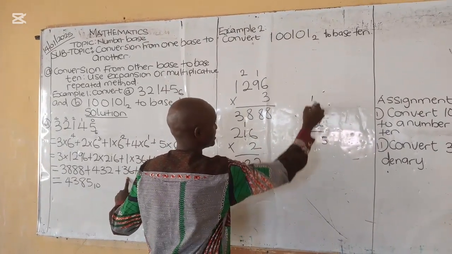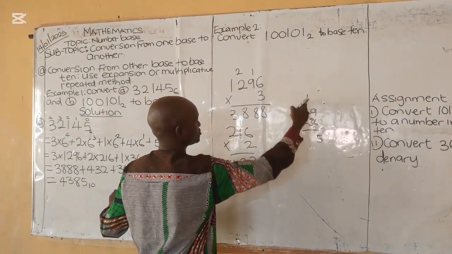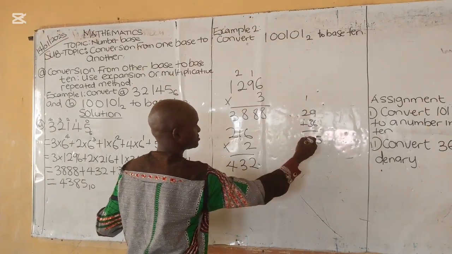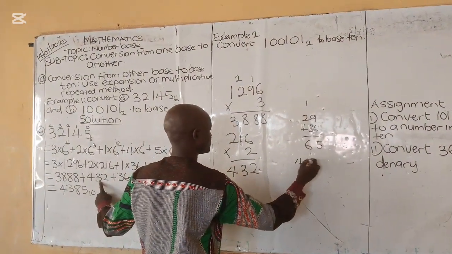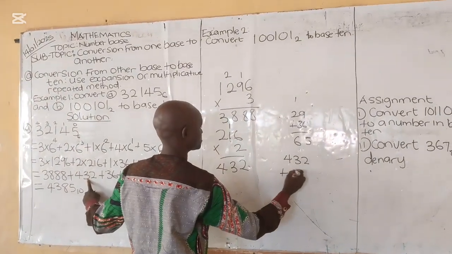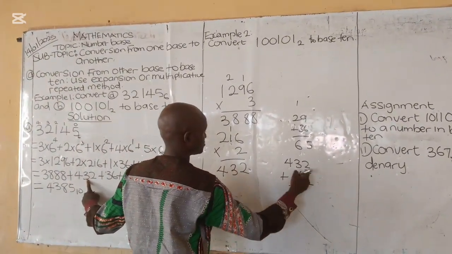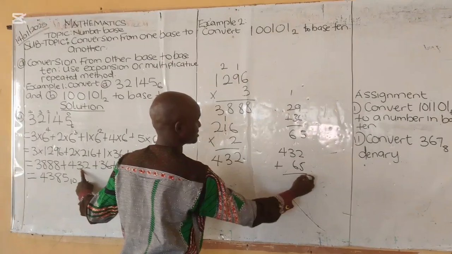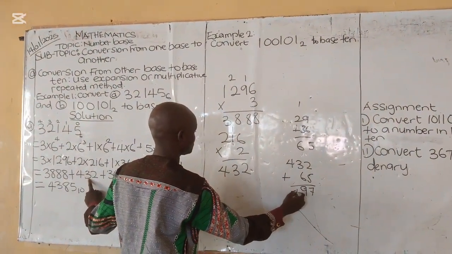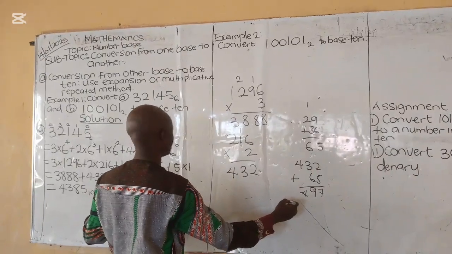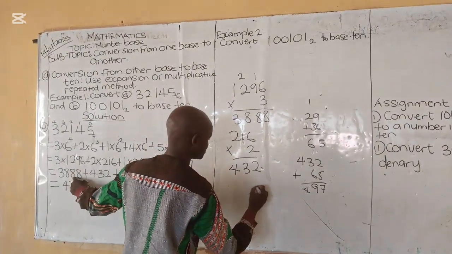Write down 5, carry 1. 3 plus 2 is 5, plus 1, you have 6. Then you add the next, 432 plus 65. You have 2 plus 5 is 7. 3 plus 6 is 9. Then you have your 497.